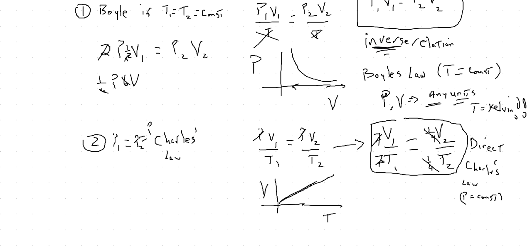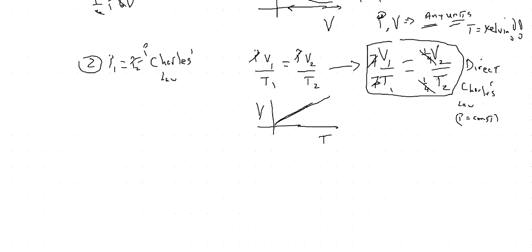Okay. And then finally, the third law that we talk about: if we take the volume as a constant, then our gas law becomes P1 V divided by T1 is equal to P2 times V divided by T2.